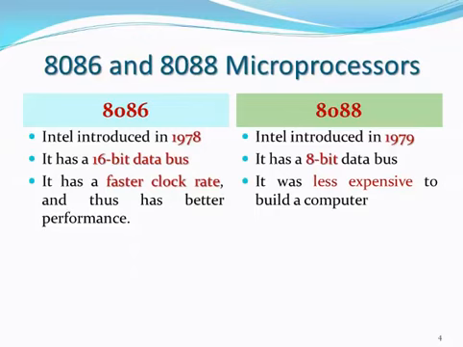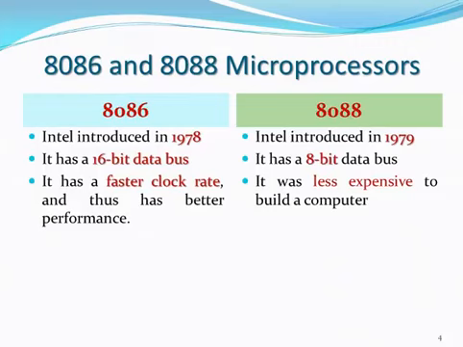They are saying that Intel introduced the 8086 in 1978, and just after 1 year they introduced the 8088. Look at this, 78 and 79. How many years gap? 1 year, sir. Just simply a 1 year gap, right? Within a year, we have the new model 8088.